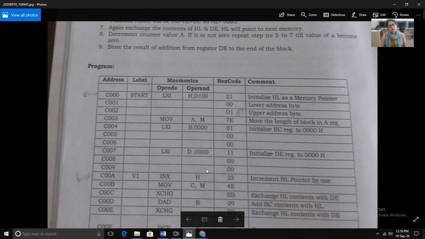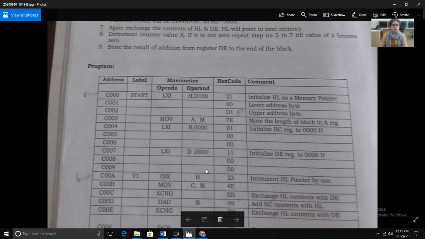In the case of the DAD instruction, we consider the HL pair as an accumulator, as we use the accumulator in other instructions. Whatever register pair is given, it will be added with HL and the result will be stored back in HL.